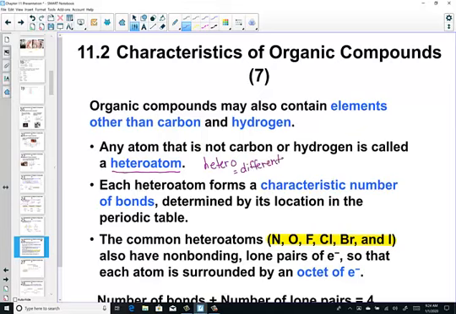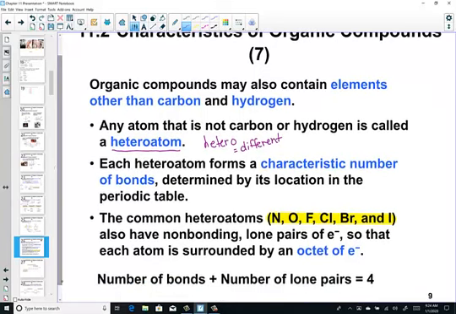So if it's not a carbon or not a hydrogen, we call it a heteroatom. Each heteroatom forms a characteristic number of bonds determined by its location on the periodic table. So let's review some common elements in addition to carbon and hydrogen we could find in organic chemistry.